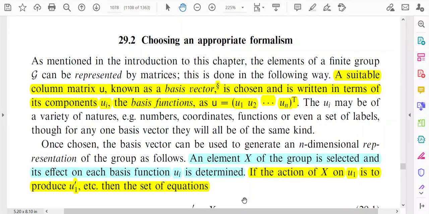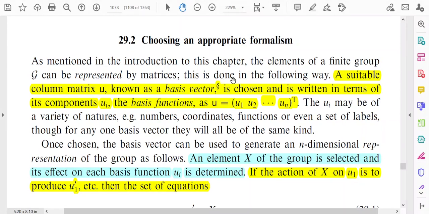In this lecture, we are going to discuss representation theory. In our earlier discussion, we have already discussed that the elements of a finite group G can be represented by matrices.